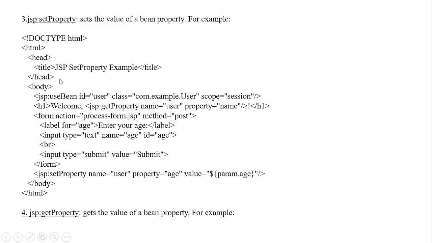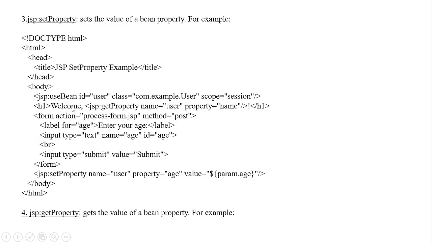Here we already see some examples. First of all we use the useBean tag, and we set some ID, and we can also set the directory of the class. So I use here a user class, and that user class object will be put in the session scope. So this is the use of the useBean tag.